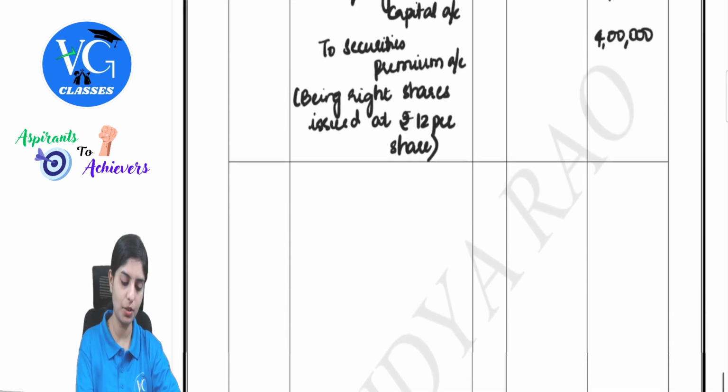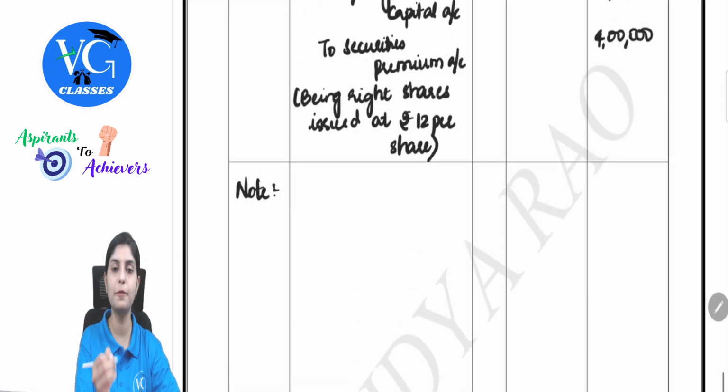You can just write down here. This is after the journal format. Since I've drawn it here, I'm just putting it here.